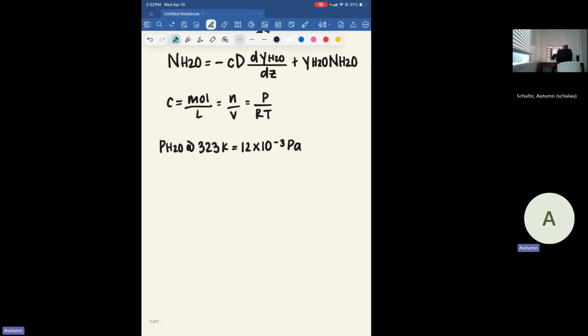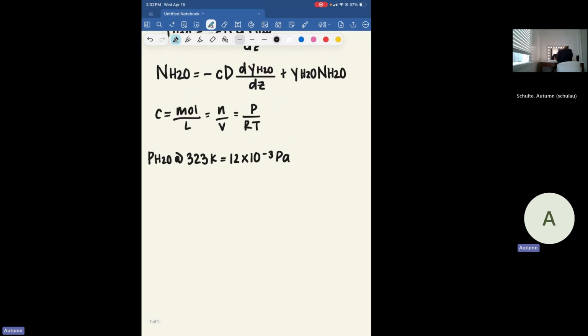So let's start plugging in what we can into our equation. We have the molar flux of water is equal to the negative concentration, which we found was P, our pressure, over our gas constant R multiplied by the temperature. I'm also going to group in our diffusion coefficient into that.